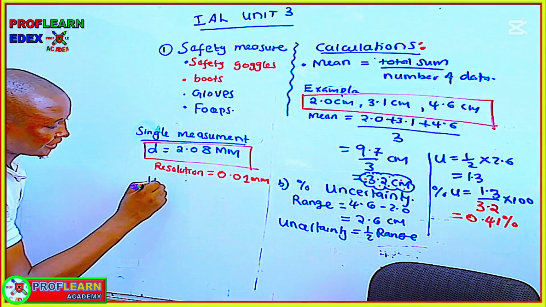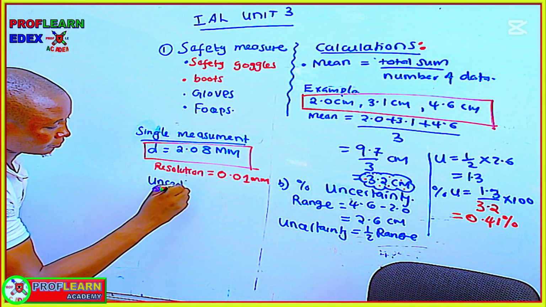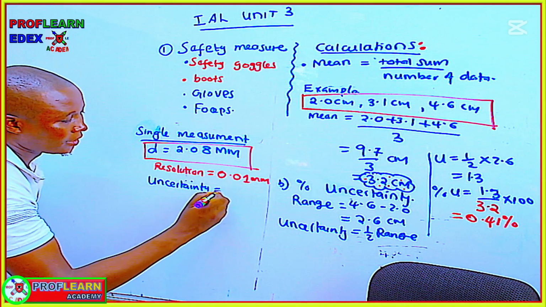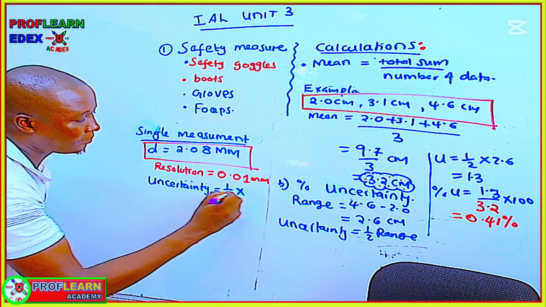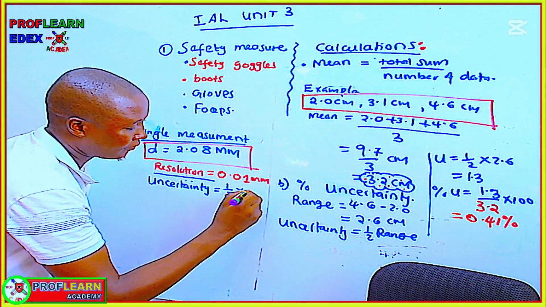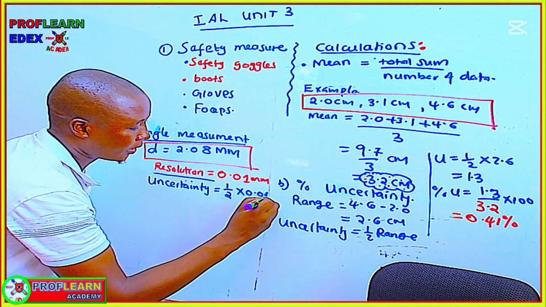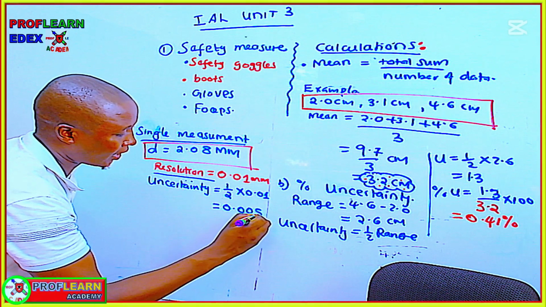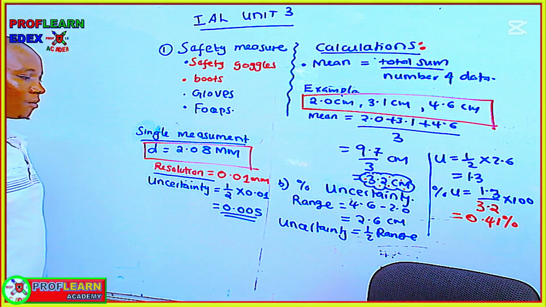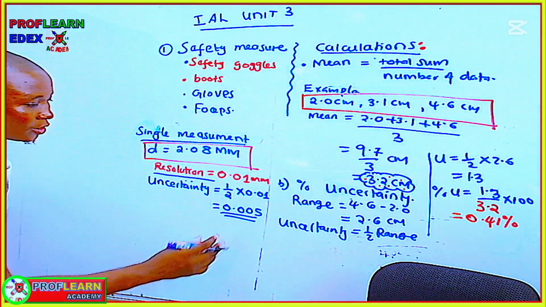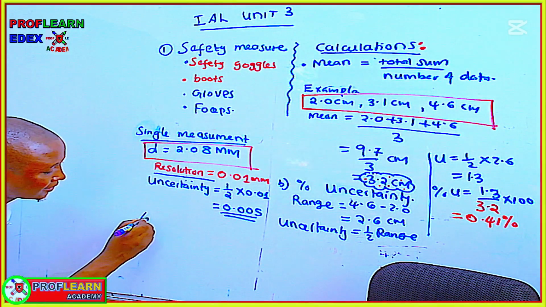So uncertainty in this case is going to be a half times the resolution that we have, and that's a half times 0.01, and this is going to be 0.005 as the absolute uncertainty.